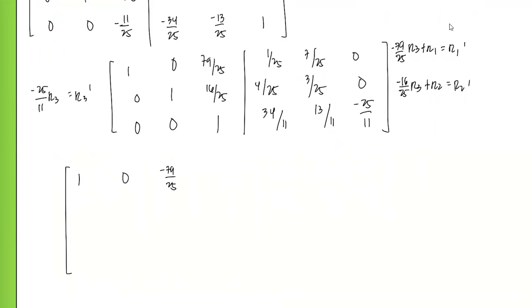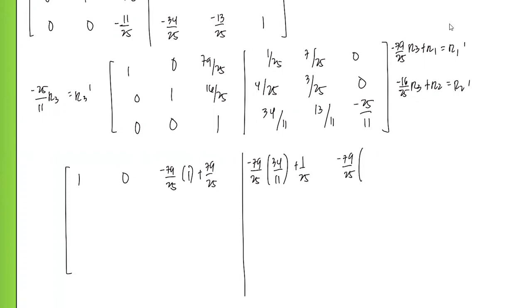And then we have negative 79 over 25 times 1 plus 79 over 25. Okay, so negative 79 over 25 times 34 over 11 plus 1 over 25. Then we have negative 79 over 25 times 13 over 11 plus 7 over 25.